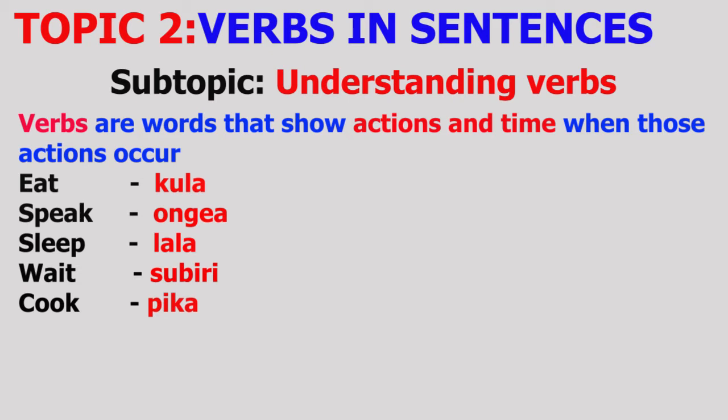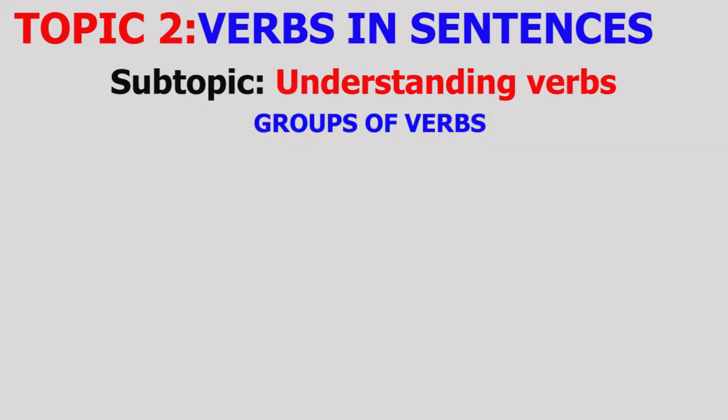But these verbs are categorized into two main groups. We have those verbs that are called the main verbs, and we have those verbs that are called the helping verbs. So let us begin seeing what main verbs are, and then you will see what helping verbs are.